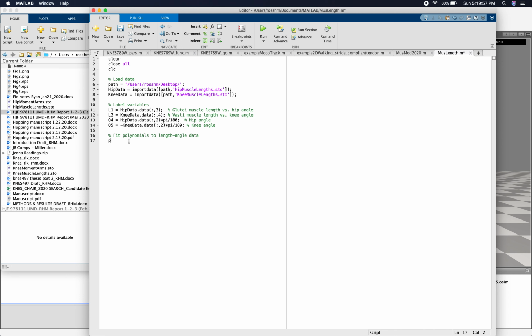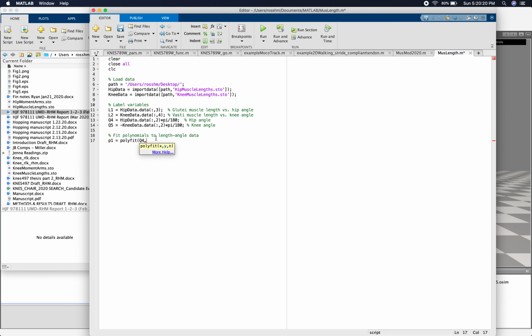So let's generate a set of polynomial coefficients for our hip glutei muscle length versus our hip angle, and that's with the MATLAB polyfit function. And this is an easy function to use. You tell it the x data that you want to fit the polynomial to. For us, that's Q4.